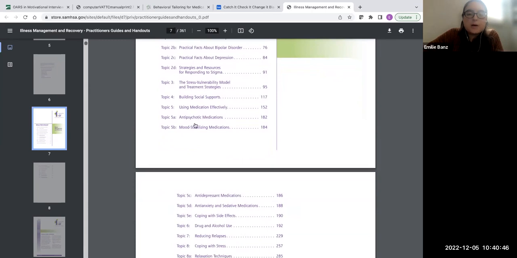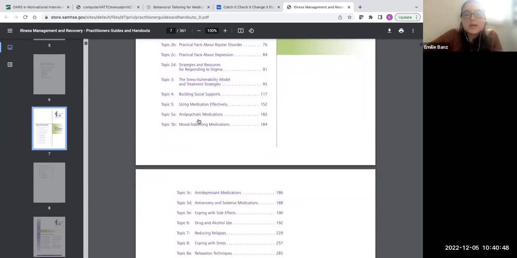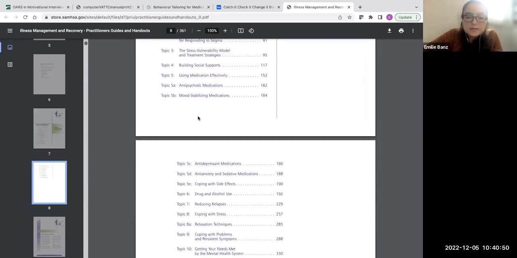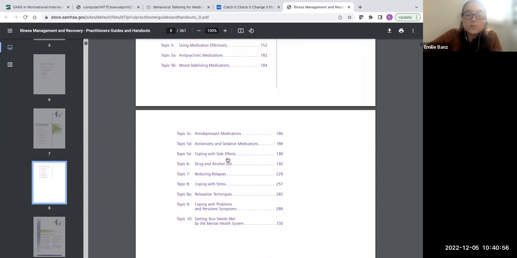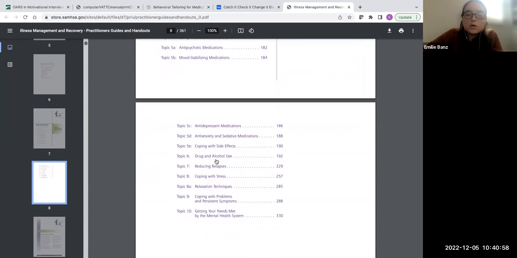It covers different types of medication like antipsychotic medication, mood stabilizing medication, antidepressants, and anti-anxiety and sedative medications, as well as coping with side effects. It goes over drug and alcohol use strategies, how to reduce relapses, coping with stress and relaxation techniques, coping with problems and persistent symptoms, and then getting your needs met by the mental health system, which is focused on advocacy.